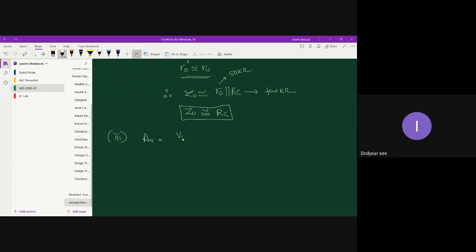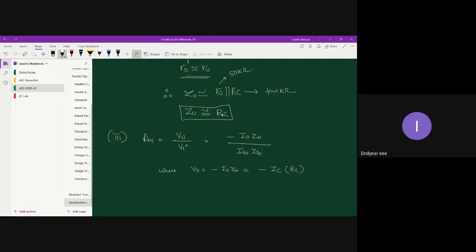So what is voltage gain? V0 by Vi, or minus I0 into Z0 divided by IB into ZB, where V0 is minus I0 into Z0, which is minus IC into Z0. What is Z0?